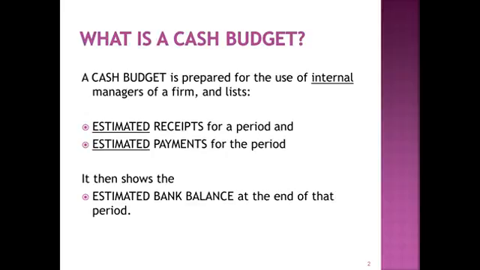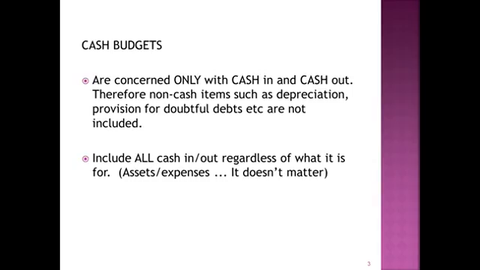Then we take the receipts minus the payments, which gives us either an increase or decrease in cash for that accounting period. Then we add that to the cash we started with, and right at the very bottom we have the estimated bank balance at the end of that period. You'll see that in the example video.